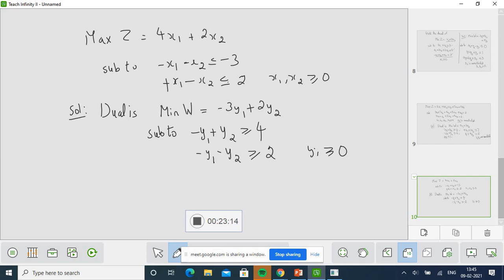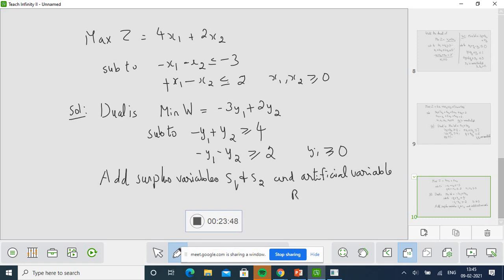Yes, now add surplus variables S1 and S2, and artificial variables R1 and R2 with cost.